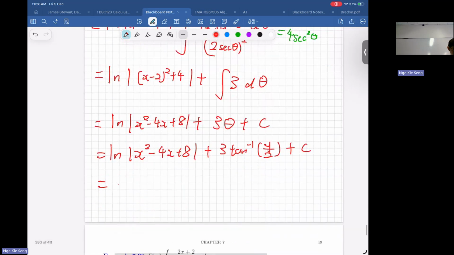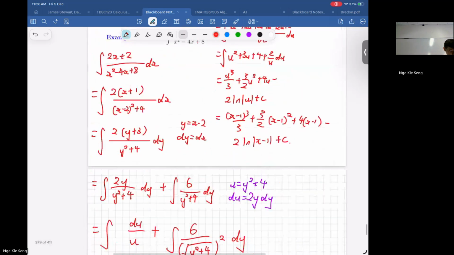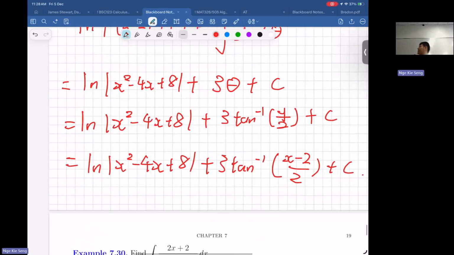So 3 times tangent inverse of (x minus 2) over 2. Okay, so this is the final answer. You can see that after integration, the denominator becomes log of something, and then you have a contribution from your x minus 2 using tangent. That's it.